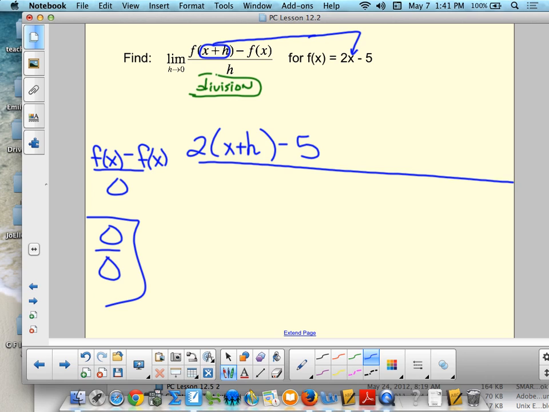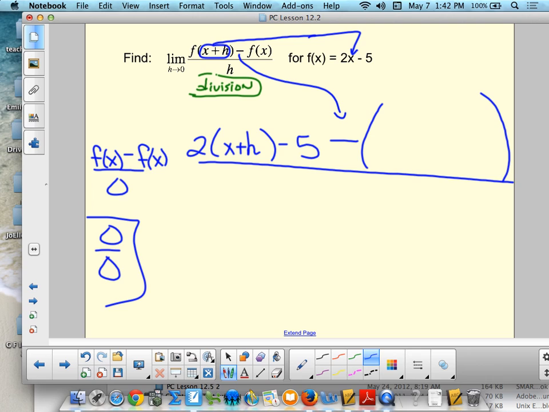Take the number x plus h, put it into the function: 2 times x plus h minus 5. Then it says to subtract. What am I subtracting? Put it in parentheses.